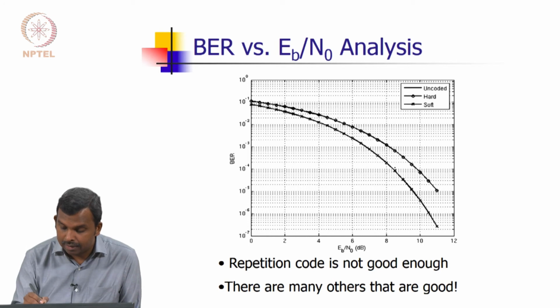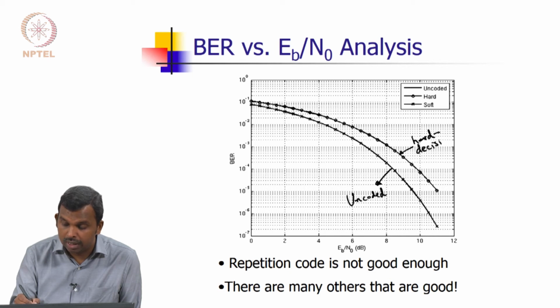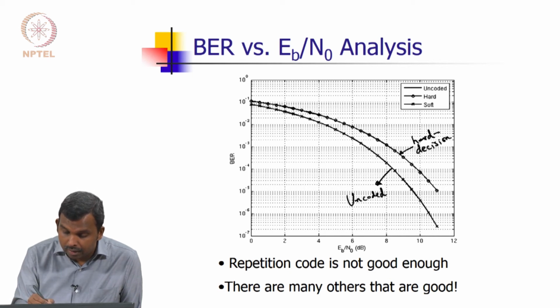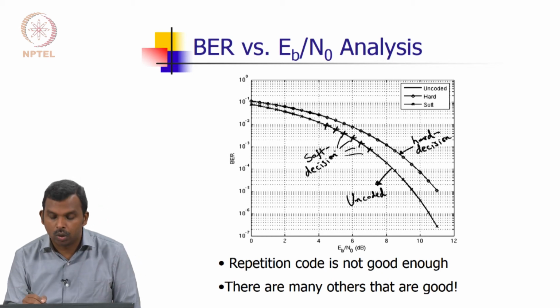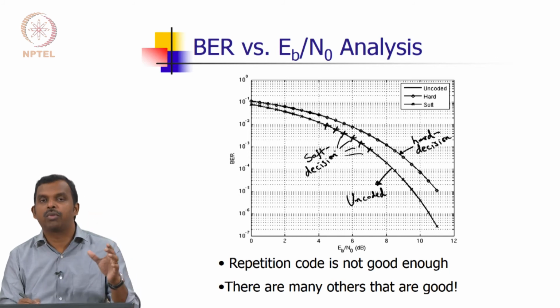Remember, this curve is uncoded, this is the hard decision decoder and it was worse, and in fact the soft decision decoder, the ML decoder, maximum likelihood, or the optimal decoder, ends up lying on top of the uncoded curve.